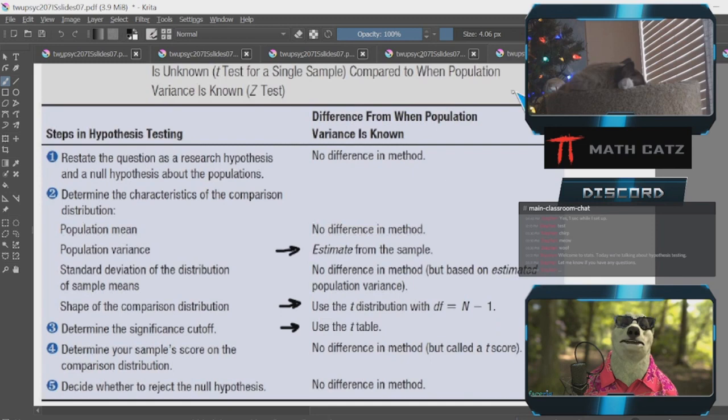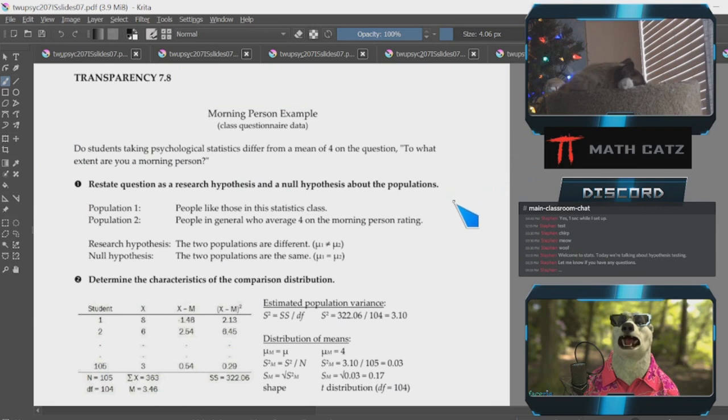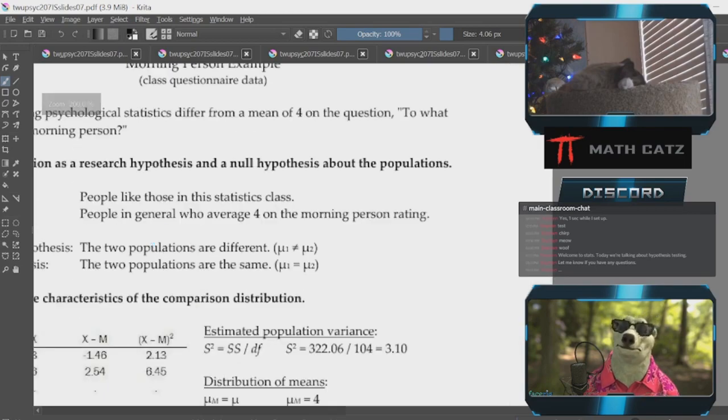Okay, let's wrap this up with one more example where we are seeing whether students taking psychological statistics differ from a mean of 4 on the question, to what extent are you a morning person? We want to see, is it different from the general average of 4?